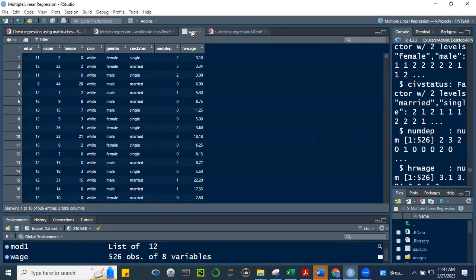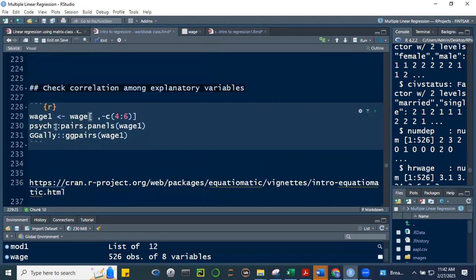Take note, yung wage data set natin, merong factors. Hindi naman tayo pwedeng mag-correlation dyan, no? Kasi these are, in a sense, categorical variables. So gusto lang natin makita yung mga numeric variables. So what we're going to do now is take a look at this code. I'm creating this object wage1, and it's a subset of wage, negative c(4:6).